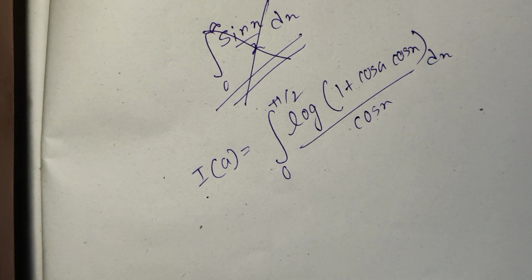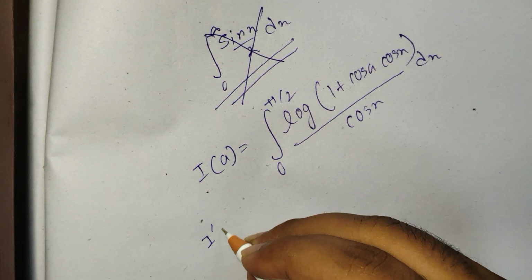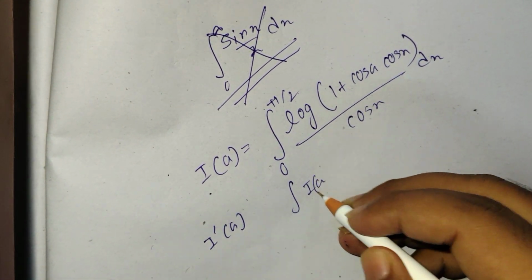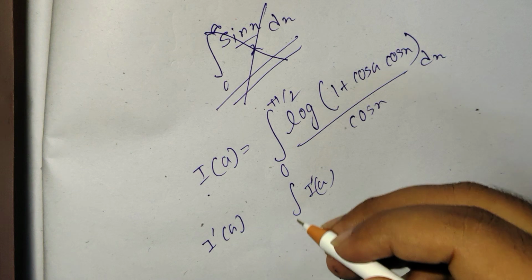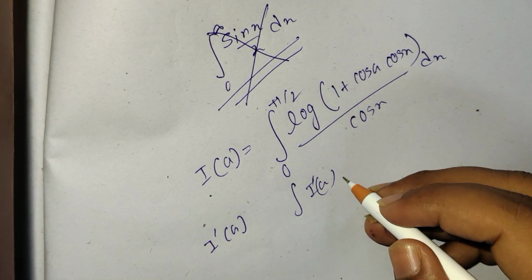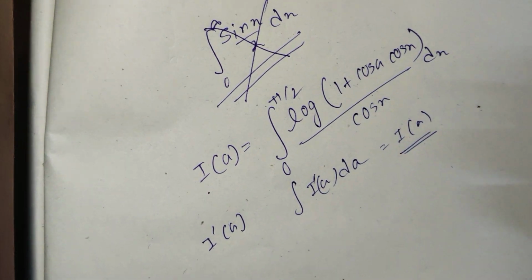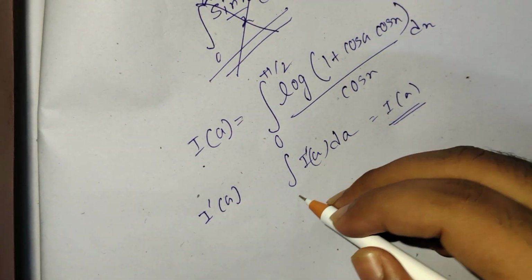Then the answer will be in the form of a or some constant. So what do you have to do? You have to find I dash a, and after that, using the fundamental rule of integration, you can easily find I(a) at the end of the day, and you will get an indefinite integral.